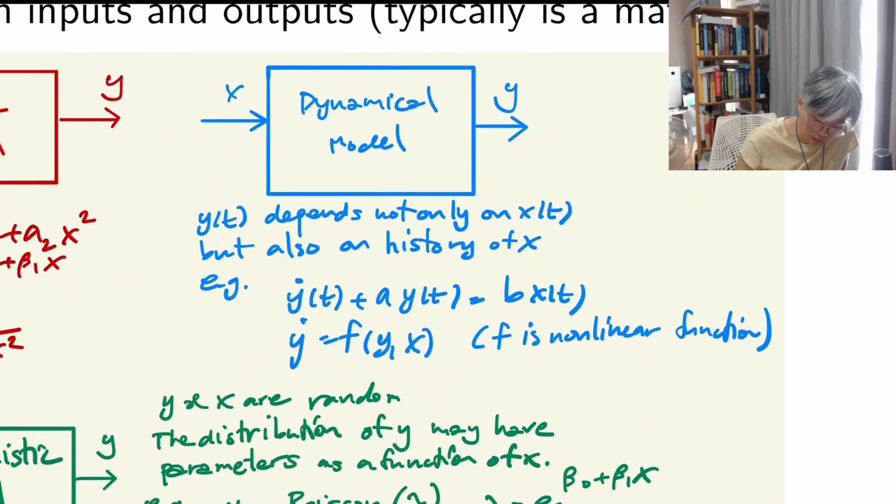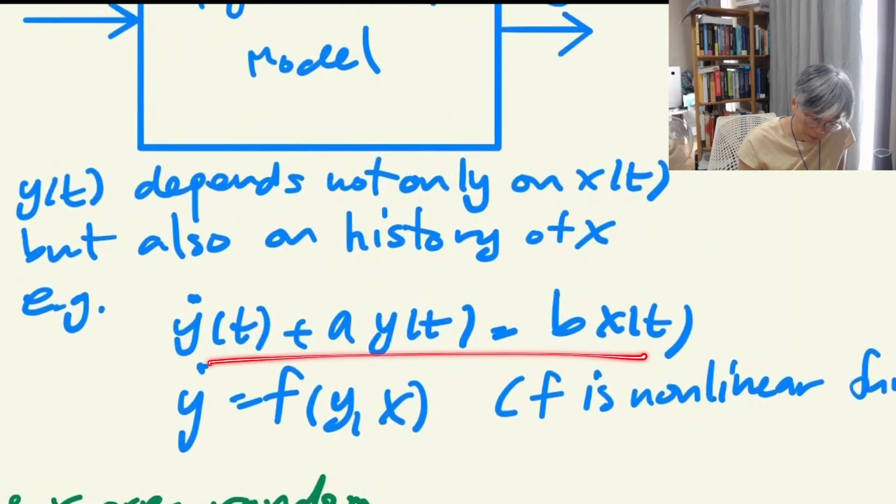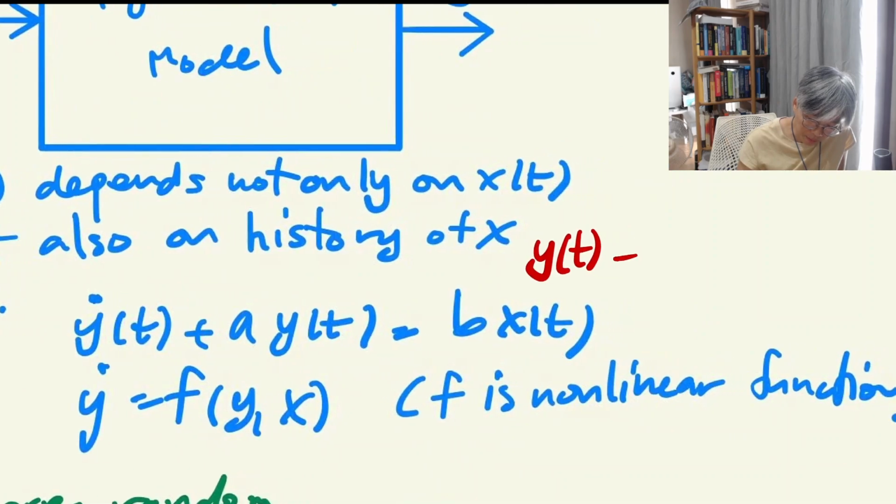The very first dynamical model that we have seen in our elementary mathematics class would be ordinary differential equations. This is a first order ODE, right? So we all know that when we solve this first order ODE, we're going to have something like y(t) as a convolution integral, right?